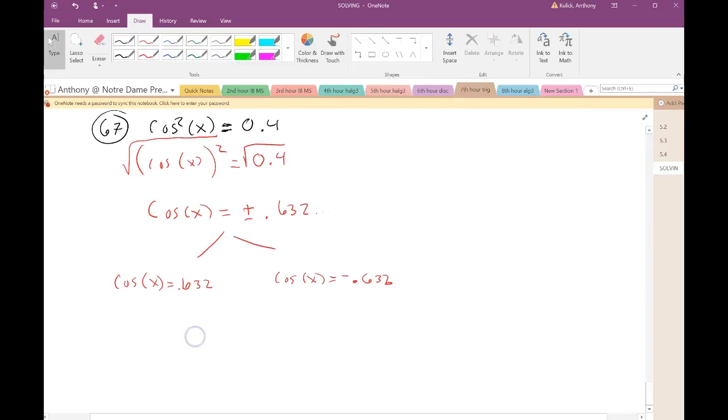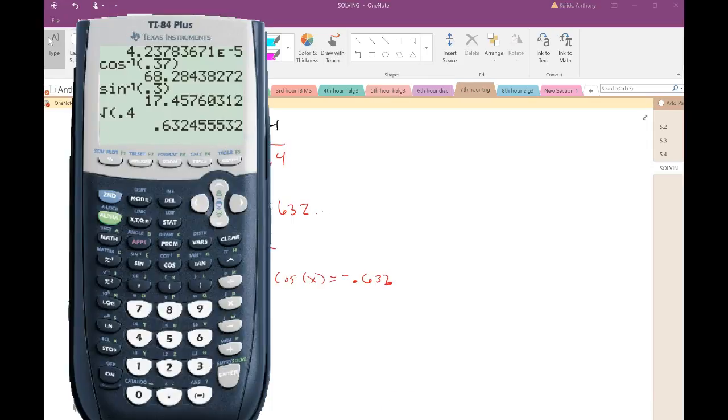Now let's do the inverses. So that's what I just typed into my calculator.